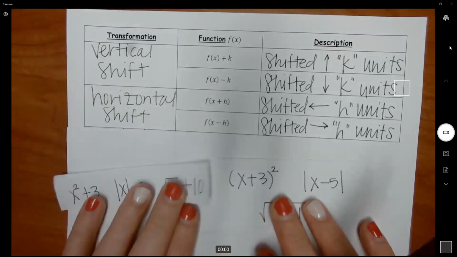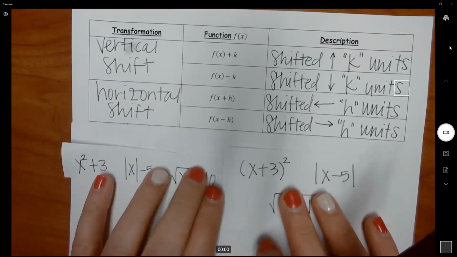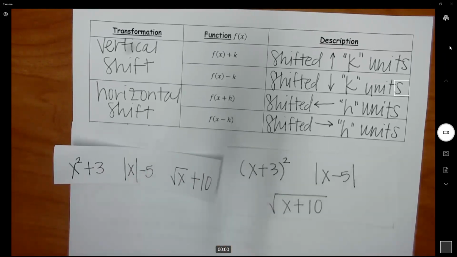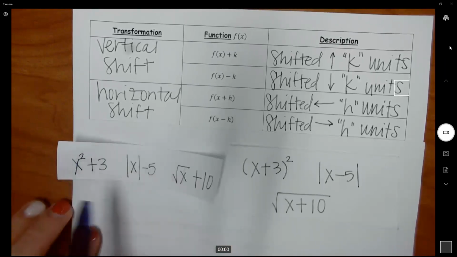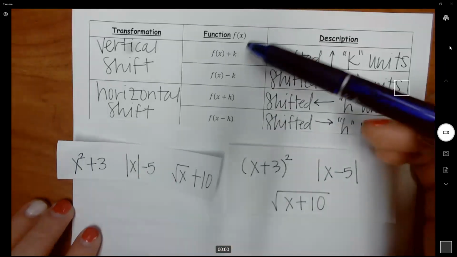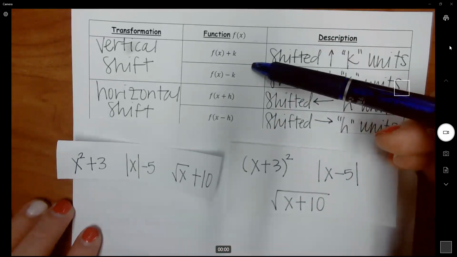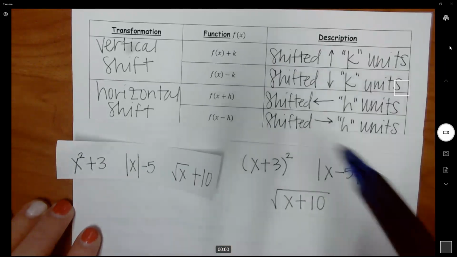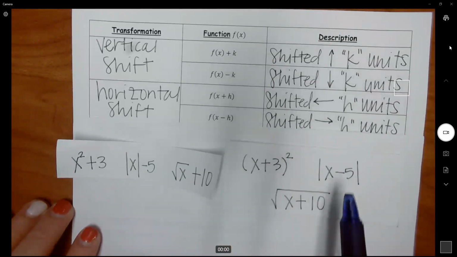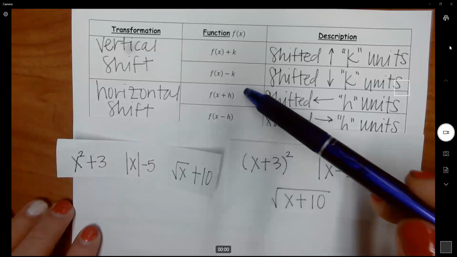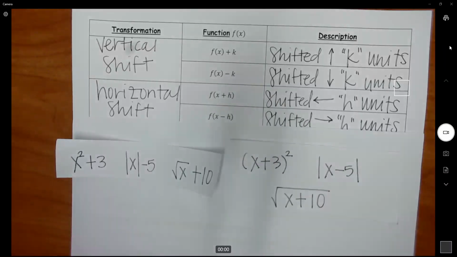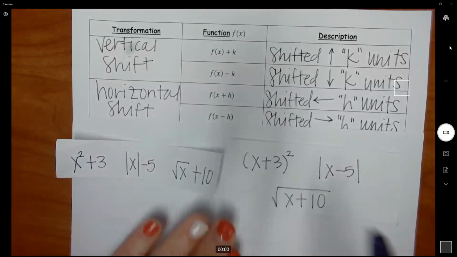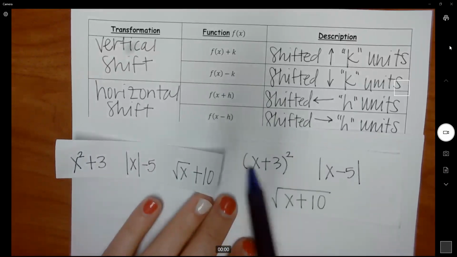Do you guys see the difference between these two? Because I think this is where the majority of the confusion comes from. These have numbers being added or subtracted behind the function. These right here have things being added or subtracted as part of the function. You can tell the difference because these are grouped, right? You have x plus 3, all quantity squared.